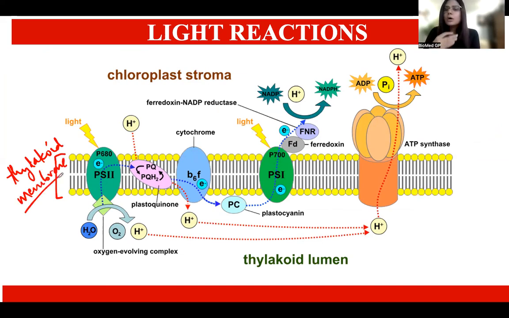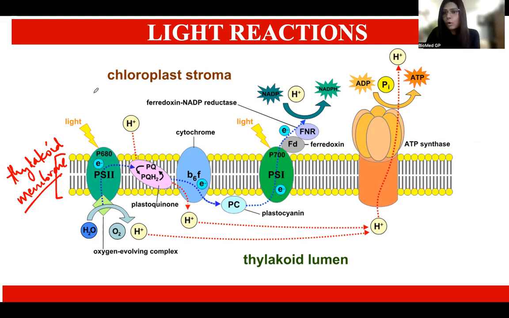Now this light reaction is basically a series of electron transport chain where some electrons are extracted from something and carried forward through a chain, and finally they are accepted by a final acceptor molecule for the production of high energy molecules. So that is what we are going to understand here.